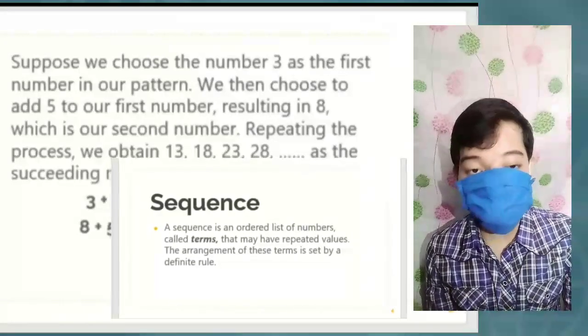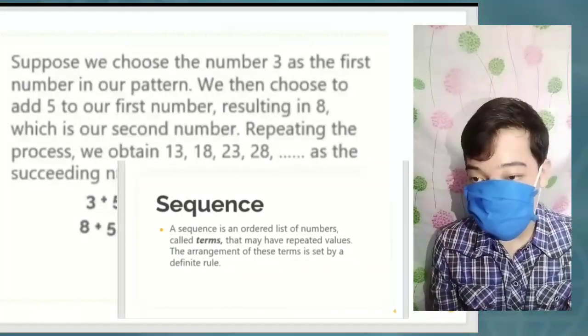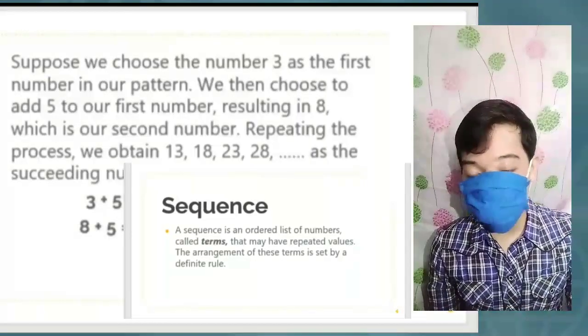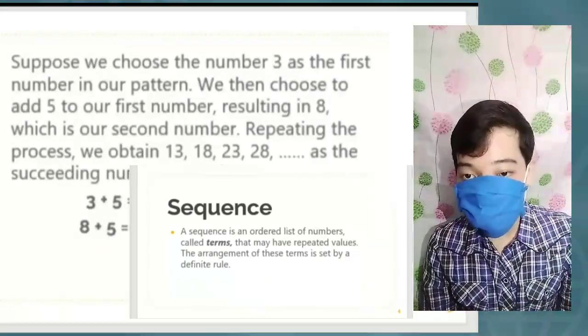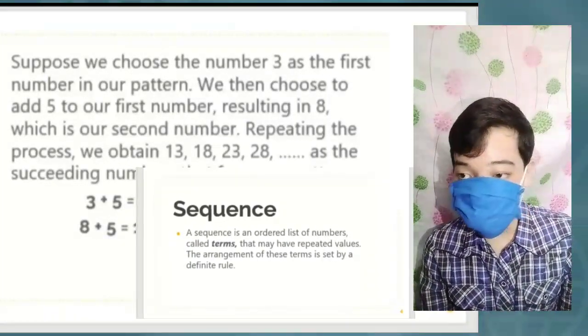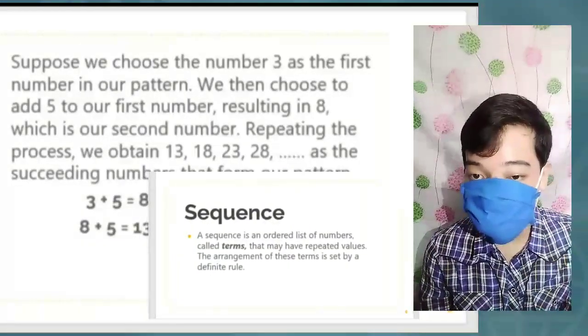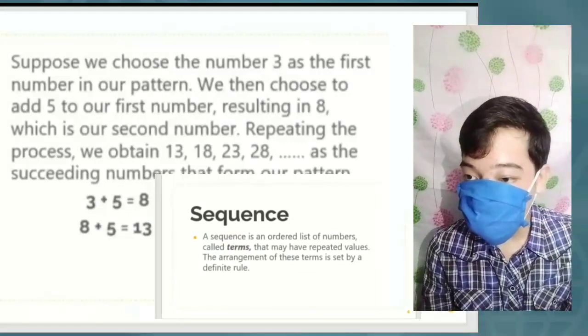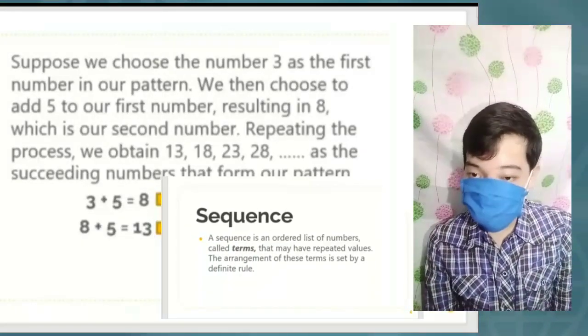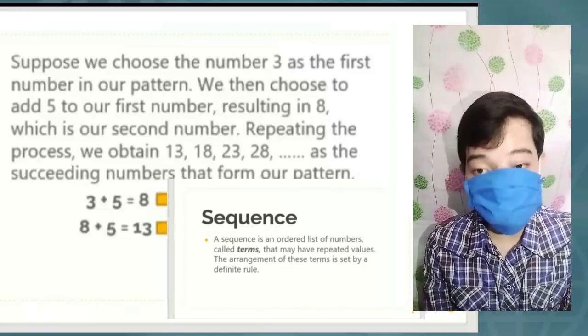For example, we have the number 3. Since we add the number 5, the result is 8. Then with the second number, we add again by its interval, or what is called the term.